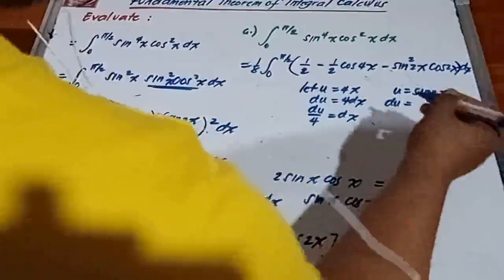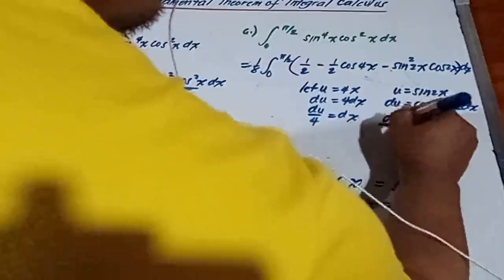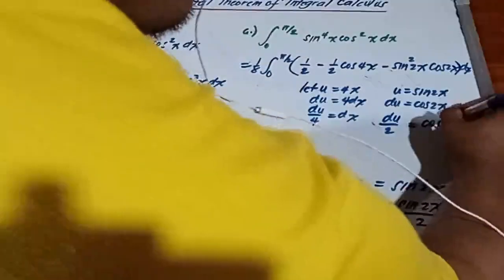Ito naman, u substitution, ang u natin dito ay sine 2x. Ang du natin ay, derivative ng sine is cosine. So, cosine 2x times derivative pa ng 2x, that is 2 dx. So, therefore, ang ating du over 2 is cosine 2x dx. Okay.